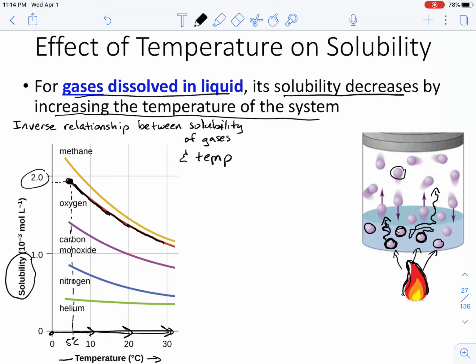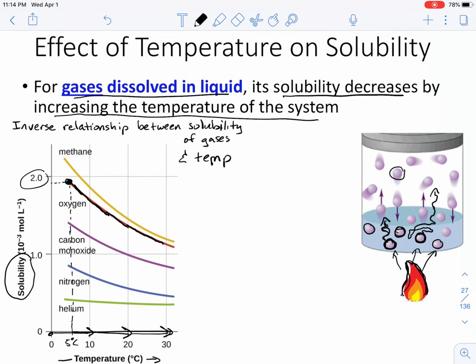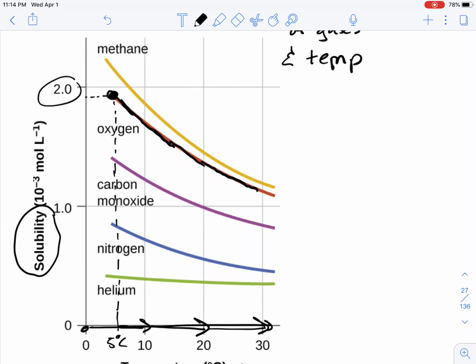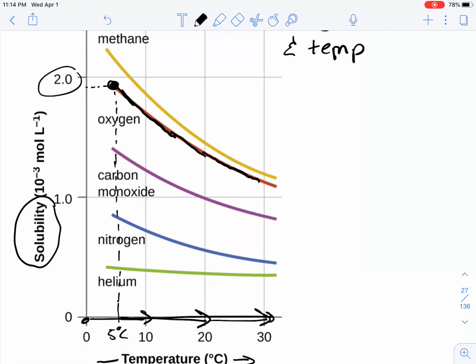And so if you think about it, if you increase the global temperature even by a few degrees, it's going to decrease the solubility of oxygen in, for example, our oceans, our lakes, and our rivers, where certain organisms rely on that oxygen to basically, quote unquote, breathe, and more so on a biochemical level, use that oxygen to drive oxidative phosphorylation to create biological energy in the form of ATP.